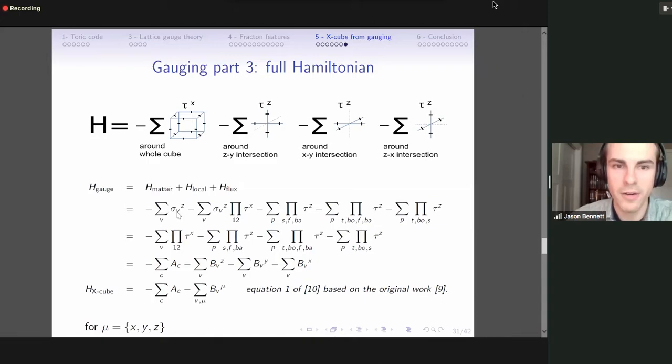I have the matter, which I integrate out, so this term goes to 0. This goes to 1, and then I call this term here my AC, mimicking the AV from before, but now we're in 3 dimensions, so I have it around the cube. And then I do the same thing with my no flux terms.